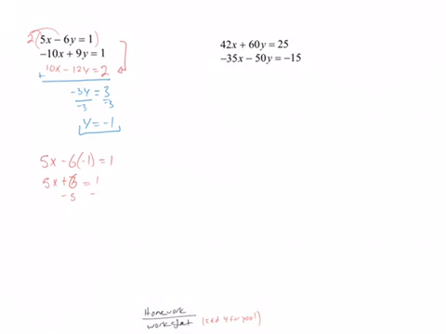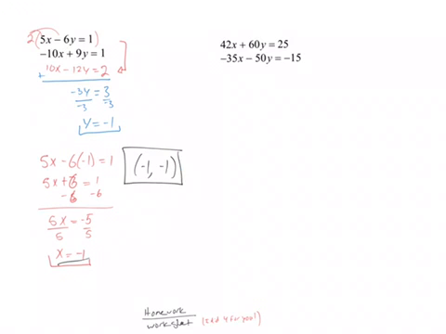Subtract 6. 5x is equal to negative 5. Dividing by 5, x is equal to negative 1. So then my final answer is going to be the x value here, comma the y value. They both happen to be the same this time. We'll plug them in like so.